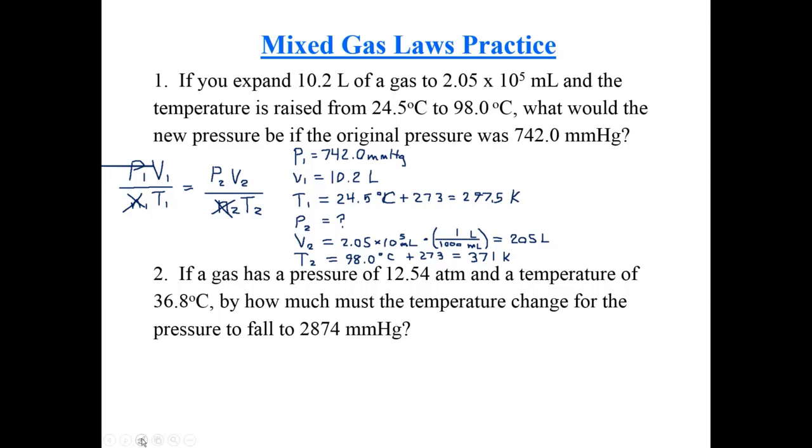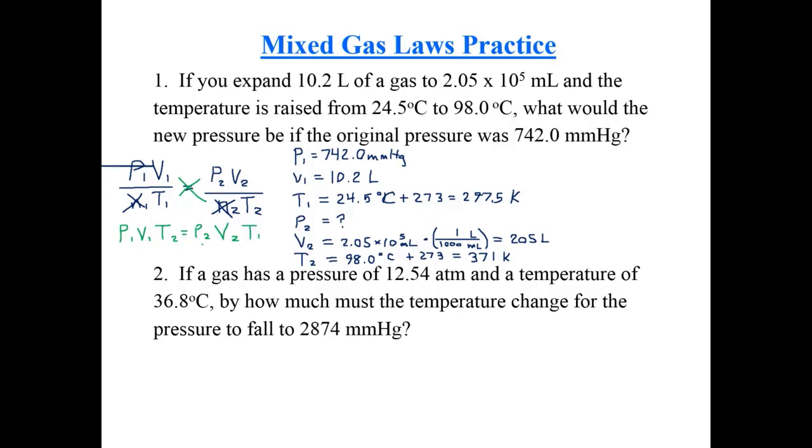Now, I want to show you a little trick that I find very helpful. When doing these gas law problems, sometimes I like to convert the equation into the cross-multiplied form. I just cross-multiply, and I get P1 V1 times T2 is equal to P2 V2 times T1.